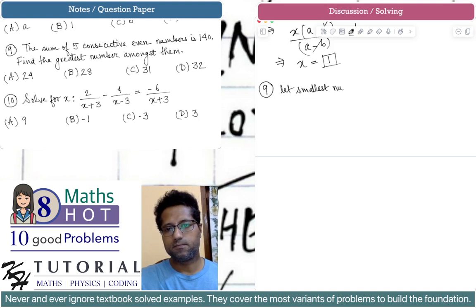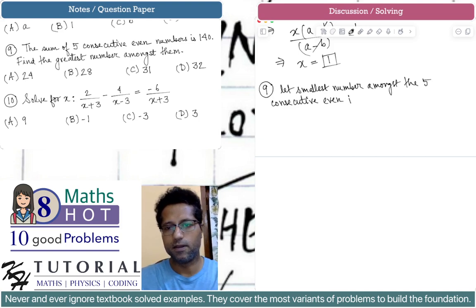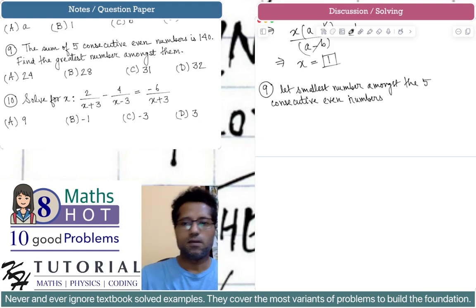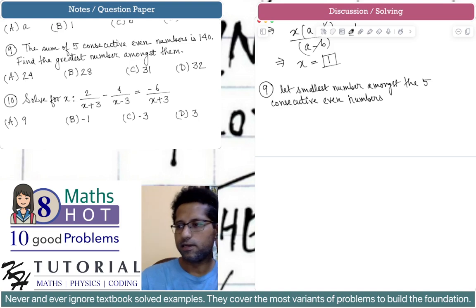number amongst the 5 consecutive even numbers, meaning even integers. Now even numbers means they are actually even integers, and they can be even negative numbers or positive numbers.